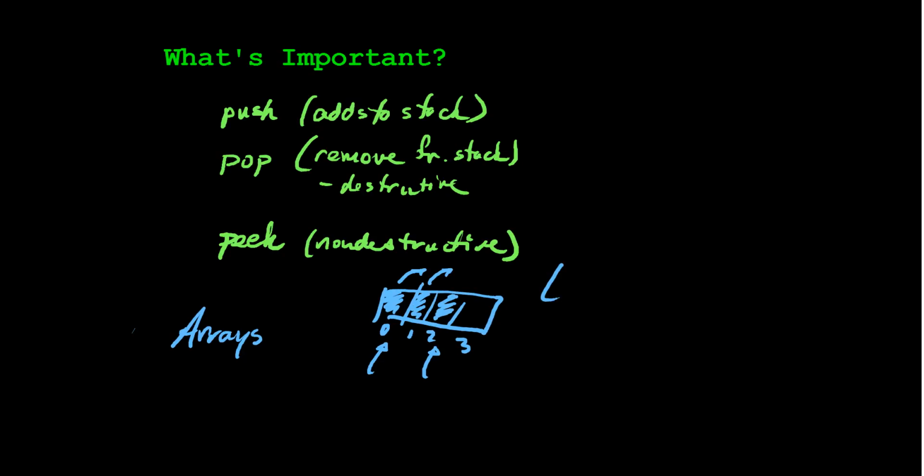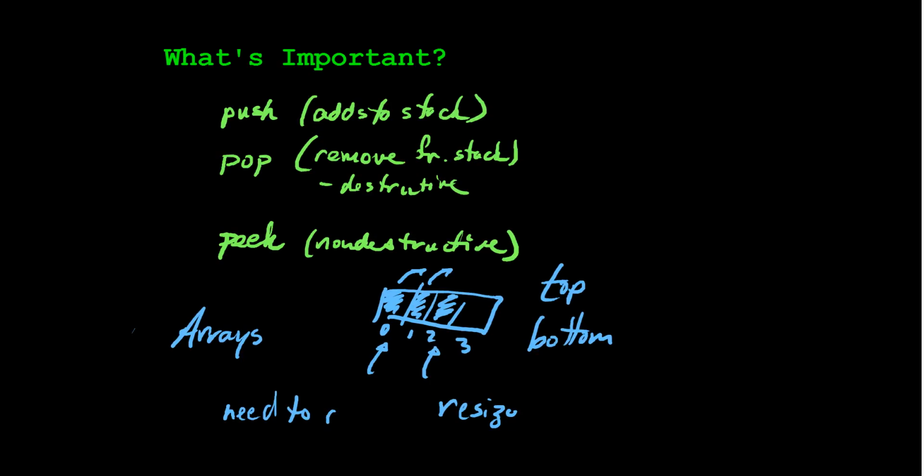So I'm going to have to keep track of a top, a bottom, and I'm going to need some way to resize my array, because whatever size my array is, it may not be big enough to hold all the data.